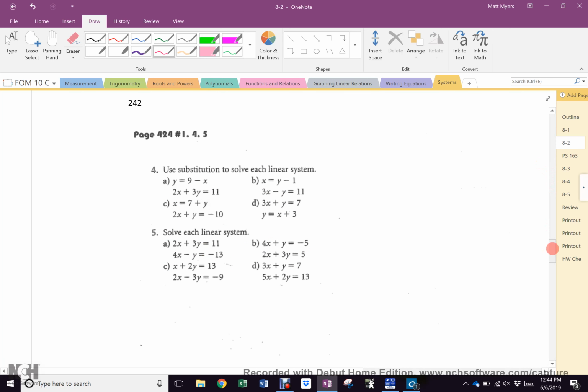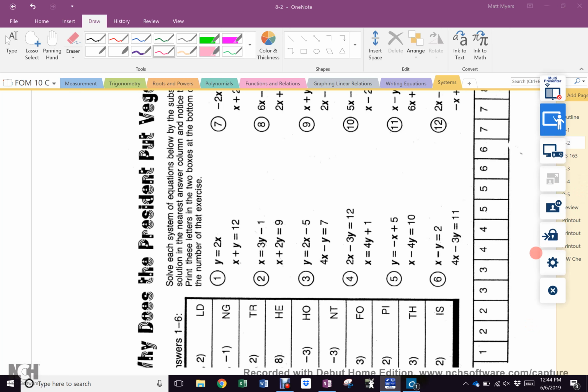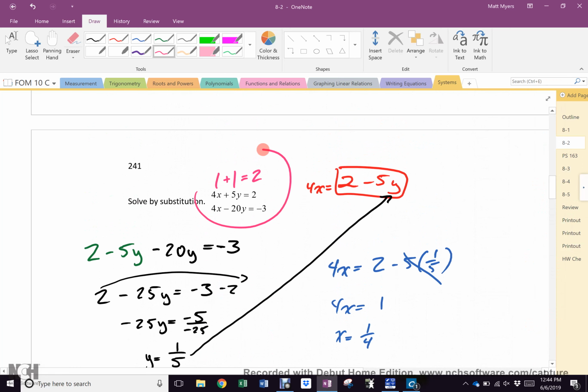But look on the next page. Are they all the same? Do they all have a single X or a Y somewhere? So they're all the same too, right? Everybody cool? By the end of this, you should be able to do substitution like that. But notice I've given you no extra practice on this type of one.